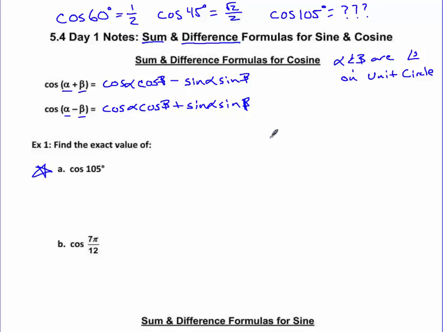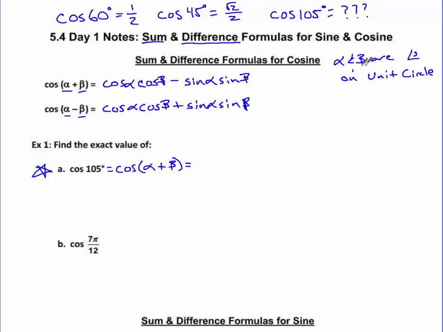All right, the way this works is when we have a problem like this that says the cosine of 105 degrees, well, we're going to try to split that up into the cosine of some angle from our unit circle plus or minus, we're not sure which one all the time, some other angle from our unit circle, right? So if you just had to think about that, how do you make 105 with unit circle values?